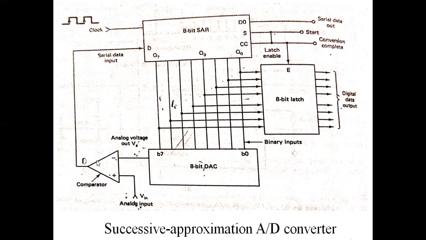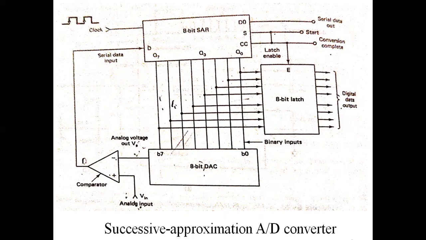The comparator output is given to the serial data input. The 8-bit latch converts to the corresponding digital output, and the start of conversion, serial data, and conversion complete signals are used for the successive approximation A to D converter.